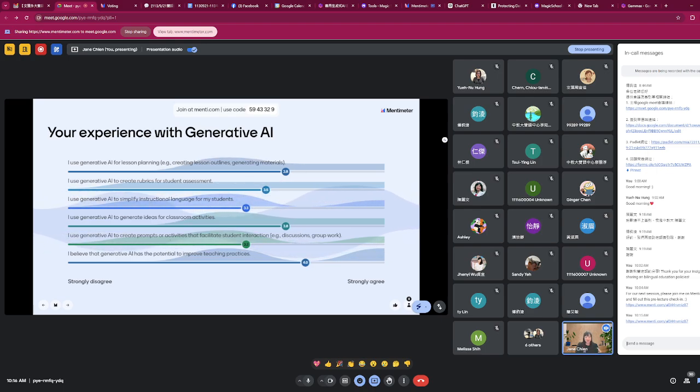That would be part of the activities where you could engage the students to use generative AI in the classroom. And do you believe in using generative AI and its potential to improve teaching practices?